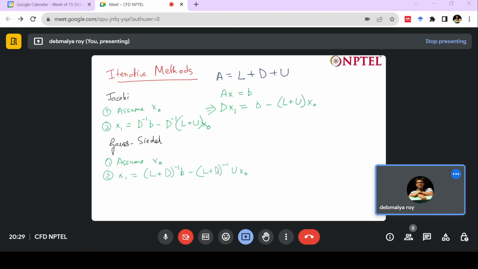You should also try to remember the maximum number of iterations that are required for getting an accurate Gauss-Seidel solution, which is k, the number of iterations.